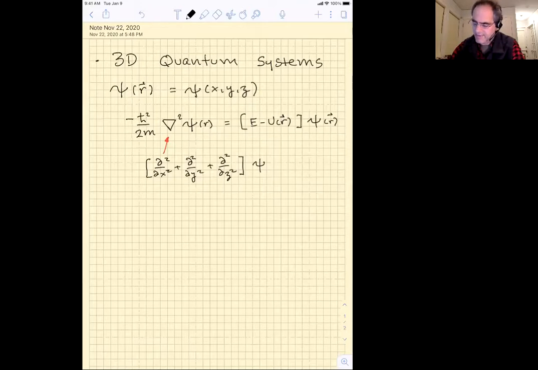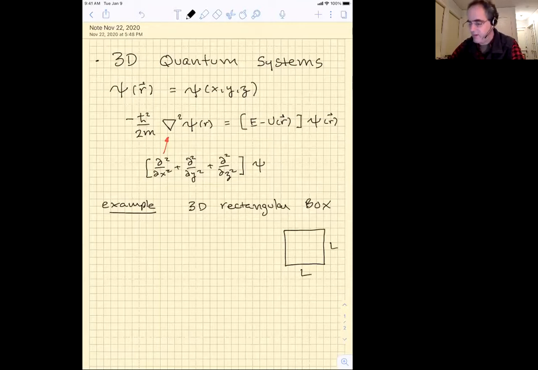Last time we did an example, which was the particle in a 3-dimensional box. And in our case, we chose a box that had dimensions of L by L by L. I'll just draw it as a square here, but we had a 3-dimensional cube. And we found the wave functions and the energies for this. And in particular, I'll just write down the energies here.